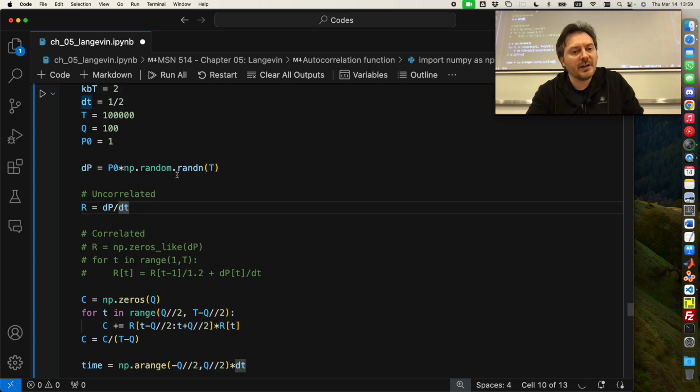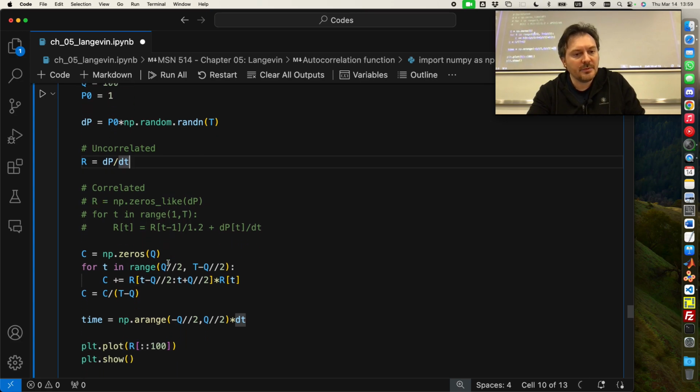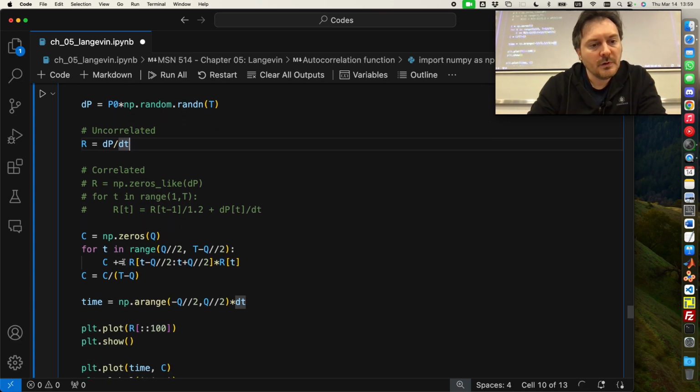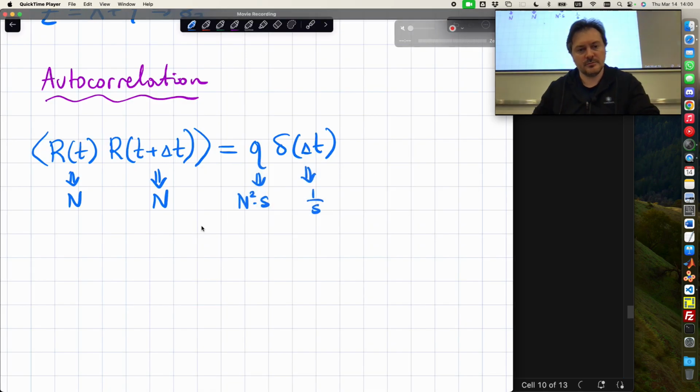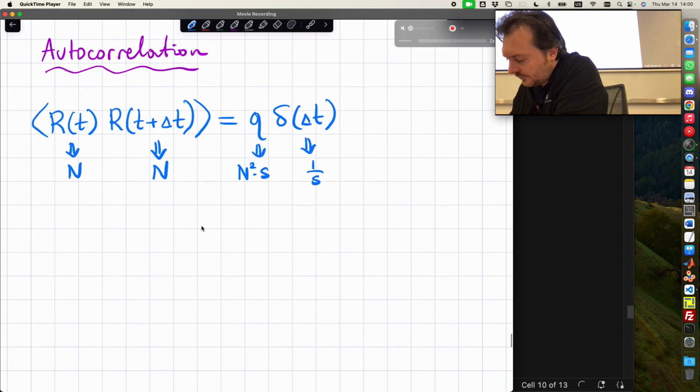Then how do I find autocorrelation? I basically do the following. I have a function that has a length of Q. Let me show it in here. I have a bunch of r's.